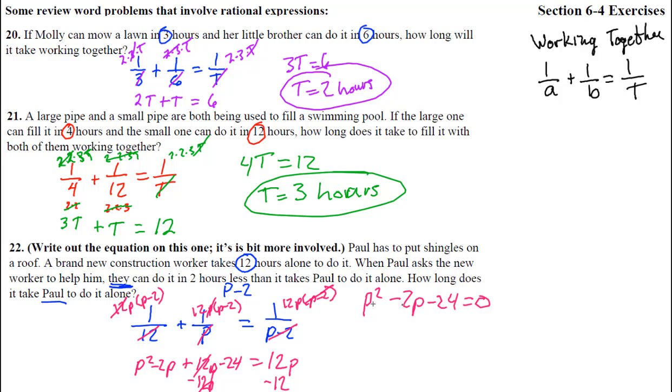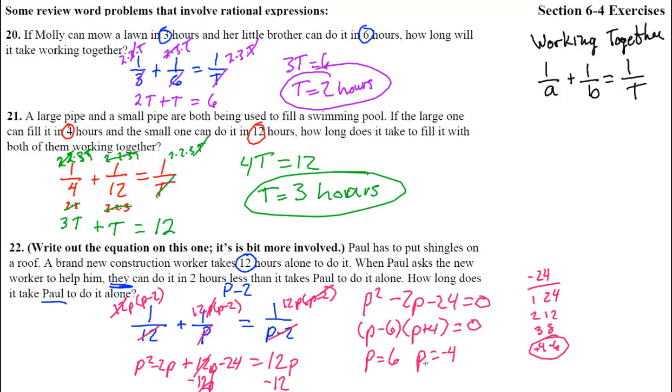We need to factor this, and we get, let me see, it factors into p, what times is negative 24? 1 and 24, 2 and 12, 3 and 8, 4 and 6. Negative 6, positive 4. So we get p minus 6 and p plus 4 equals 0. So p equals 6, and p equals negative 4.